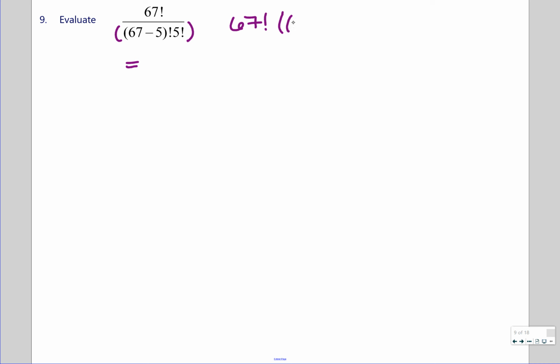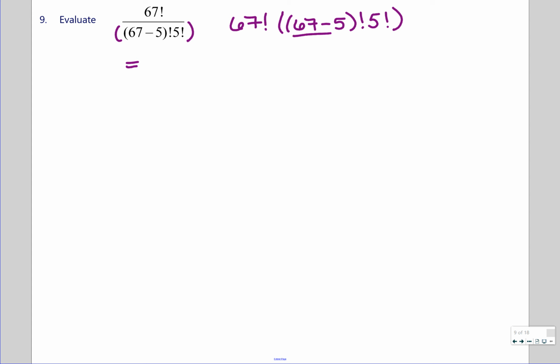So you're going to have a double parentheses, 67 minus 5, 5, like that. That double parentheses ensures that that second 5 factorial is going to be in the denominator and it's not being multiplied in the numerator. Okay. I'll type mine in here to make sure we get the same answer. Over.